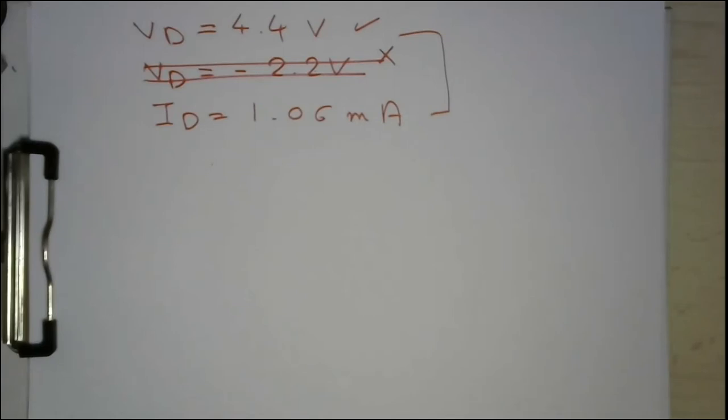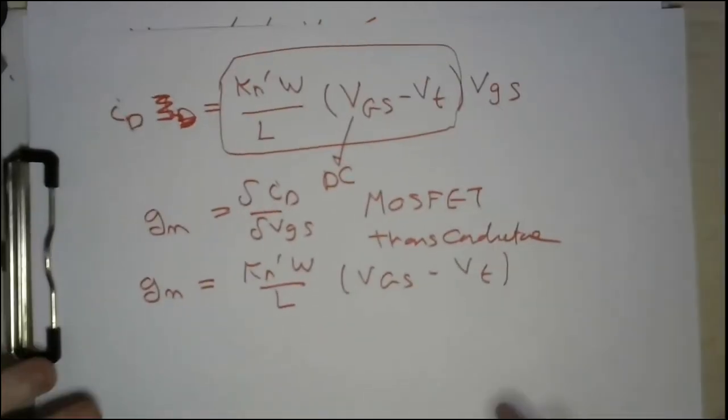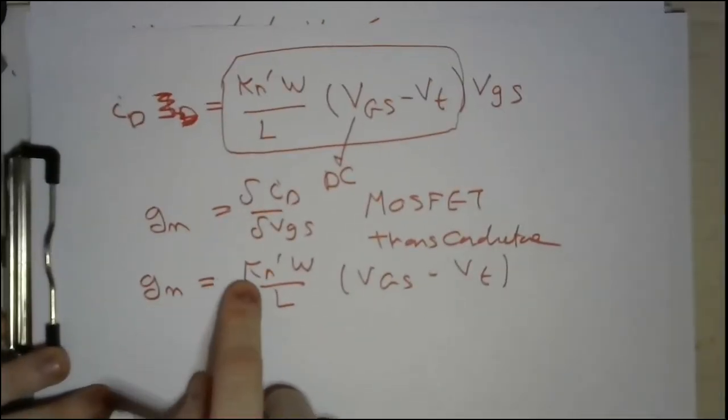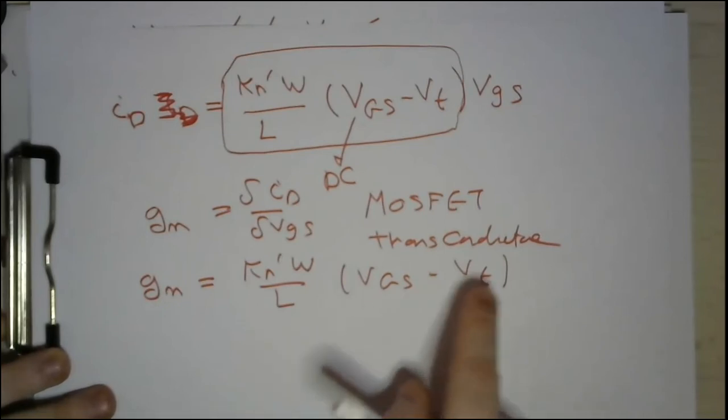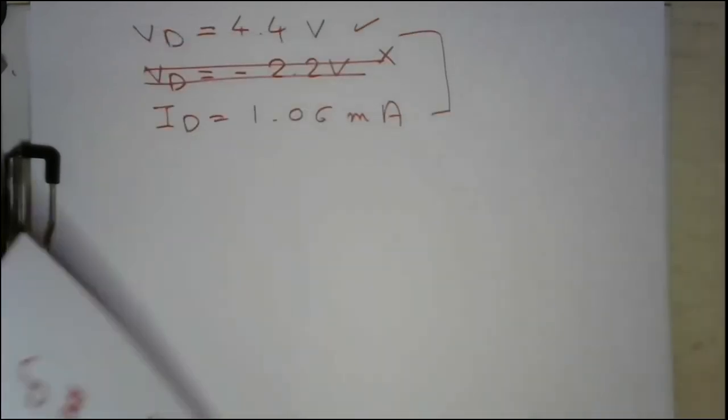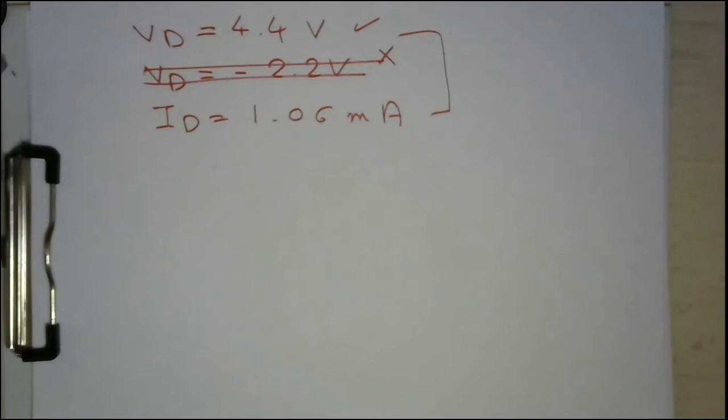I will turn back to find it somewhere in my previous slide. Yes, this one. gm equals Kn dash W over L times (VGS minus V threshold). This is the terminating point in calculating the DC analysis step.